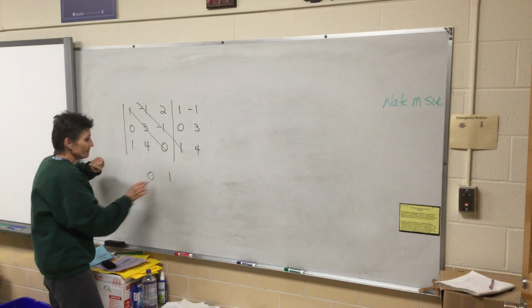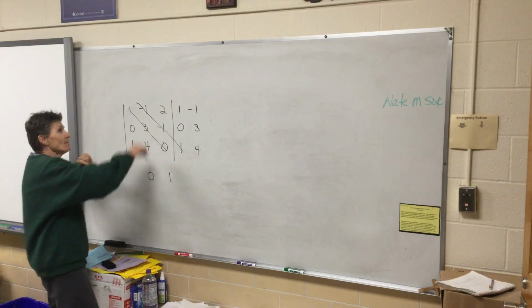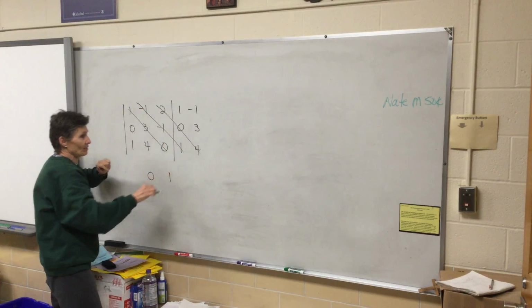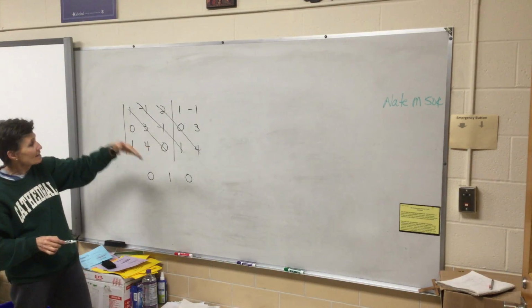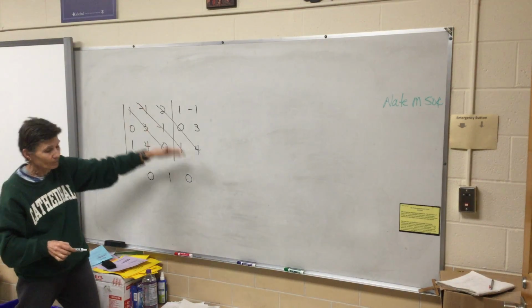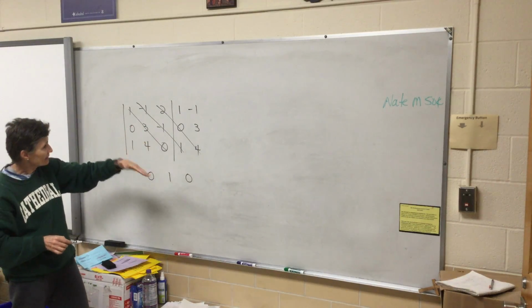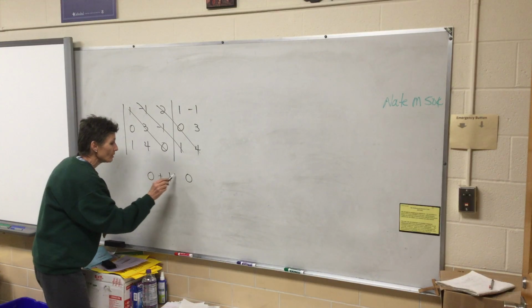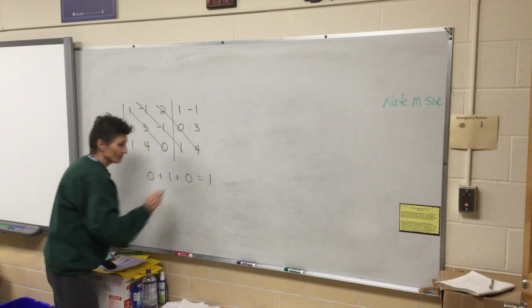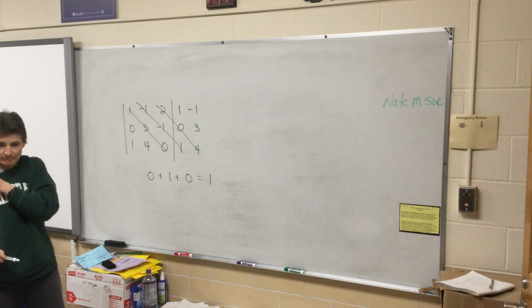I got 1. And then multiply these together, and I got another 0. So we have 3 multiplications to do: 0, 1, 0. Total those up. So that's a 1.